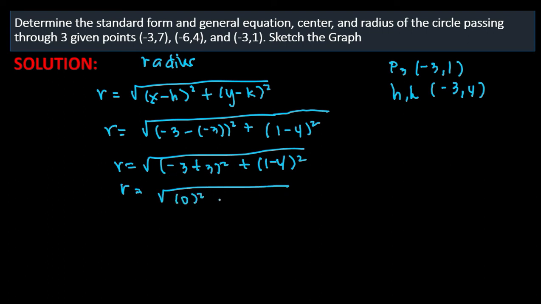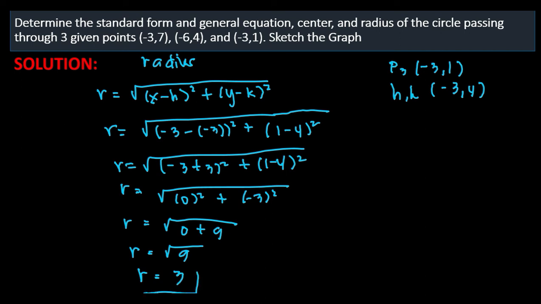So, we have 0 square plus, so next, 1 minus 4, we will have negative 3 square. So, we have r is equal to 0 plus negative 3 square, we have 9. So, r is equal to square root of 9 or r is equal to 3. Ating radius ay equal siya sa 3.